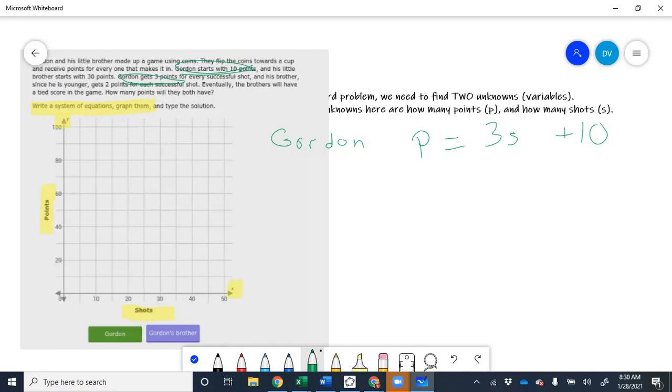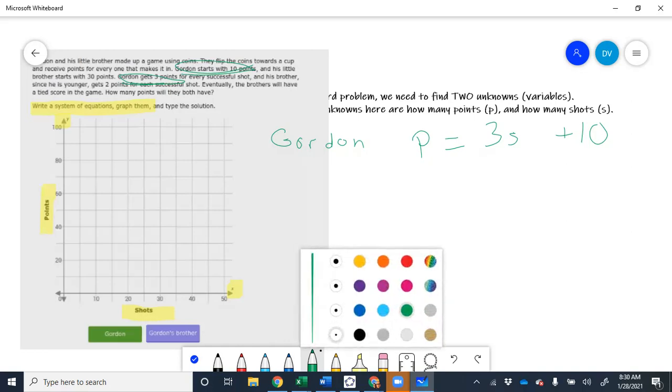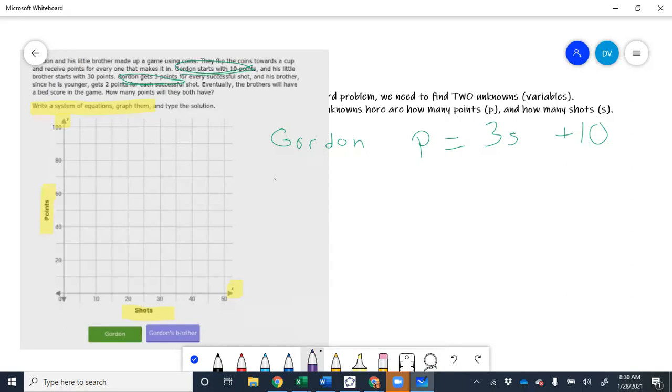Okay. Now his brother is purple. For his brother, the number of points his brother gets, let me erase this other highlight that I had here.